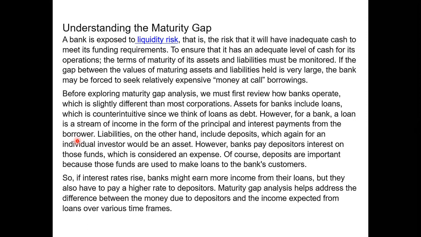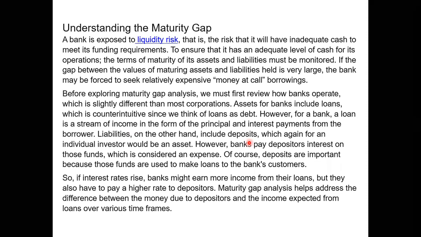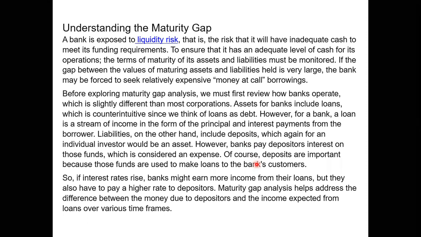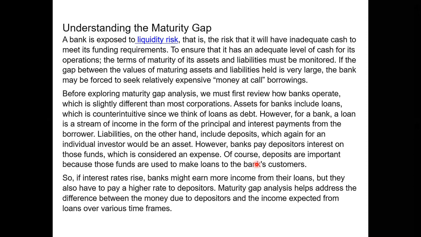Liabilities, on the other hand, include customers' deposits, which, for an individual investor, would be an asset. However, a bank pays depositors interest on those funds, which is considered an expense. Of course, deposits are important because those funds are used to make loans to the bank's customers.